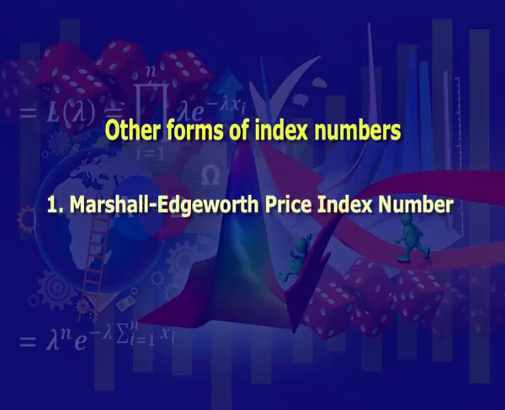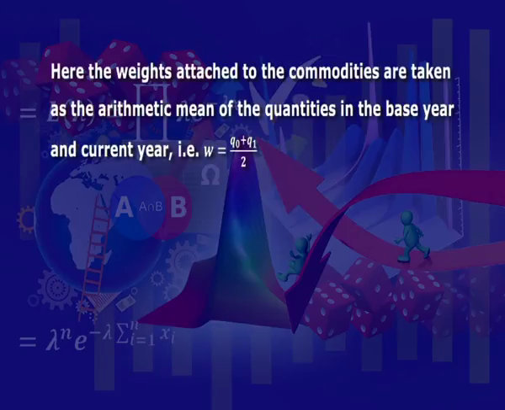Number 1. Marshall-Edgeworth price index number. Here the weights attached to the commodities are taken as the arithmetic mean of the quantities in the base year and current year.